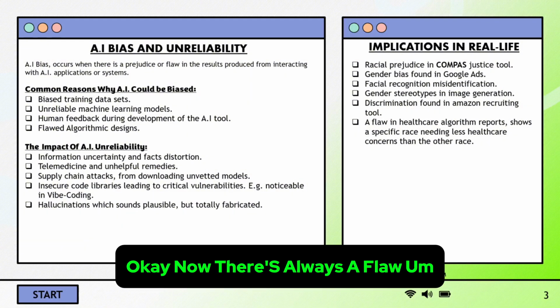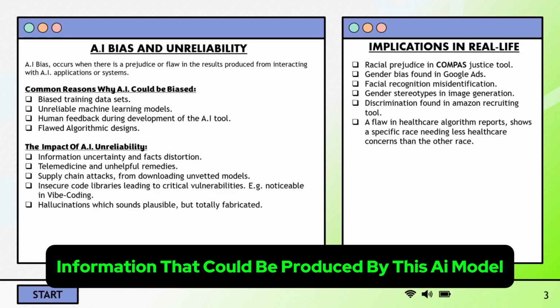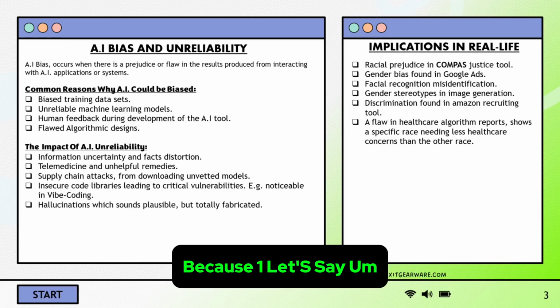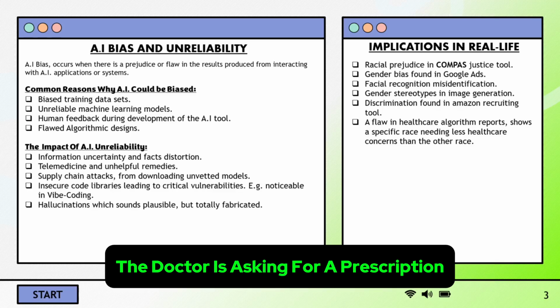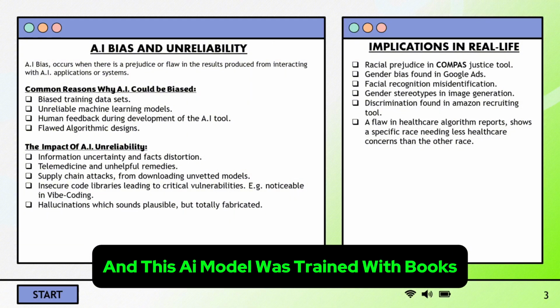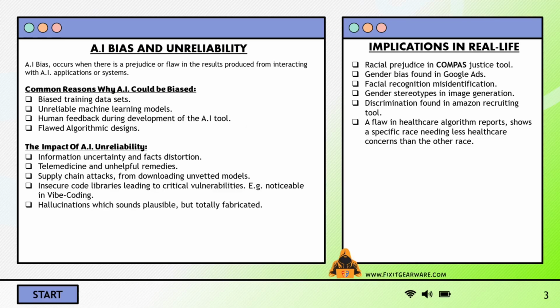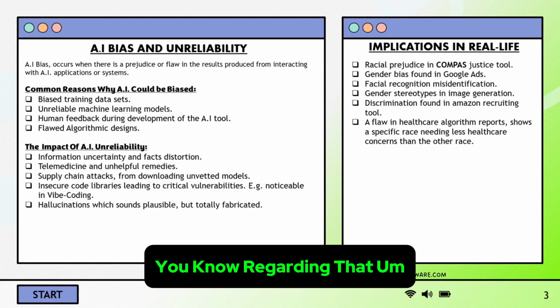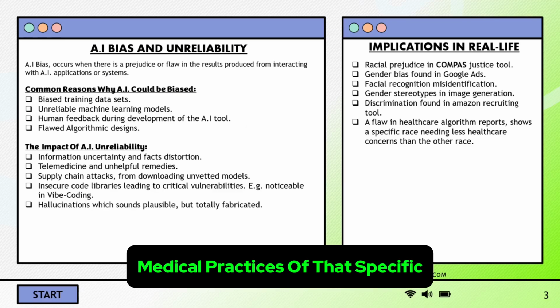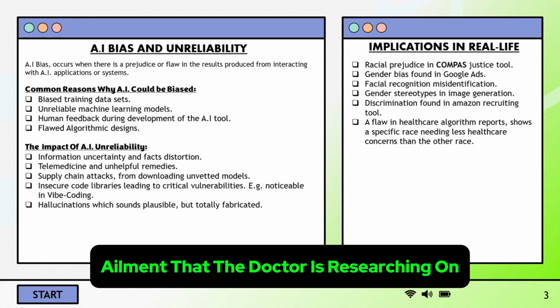Okay. Now, there's always a flaw in the information that could be produced by this AI model. Because one, let's say the doctor is asking for a prescription, and this AI model was trained with books or textbooks that are obsolete, regarding the medical practices of that specific ailment that the doctor is researching.